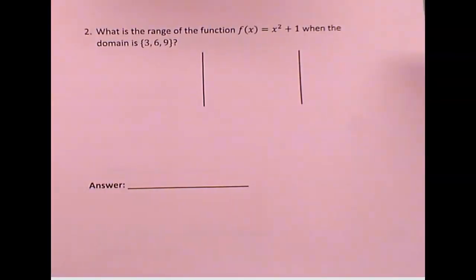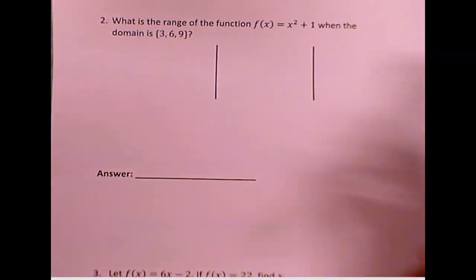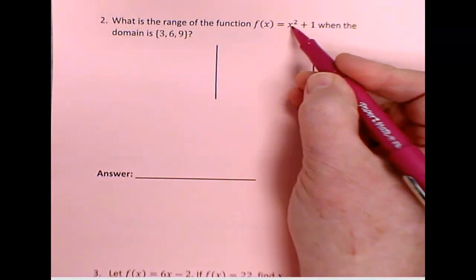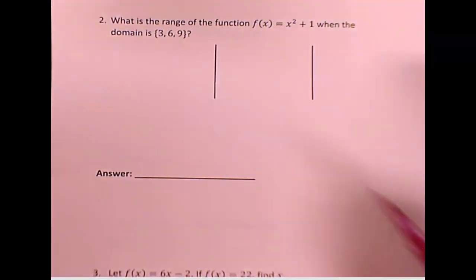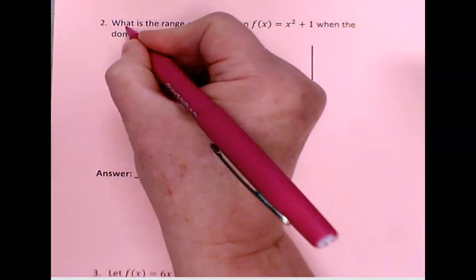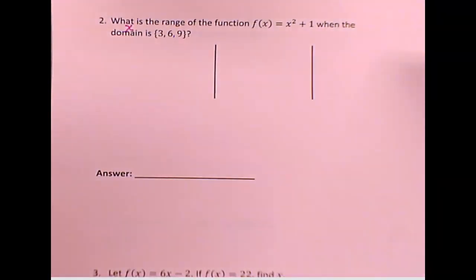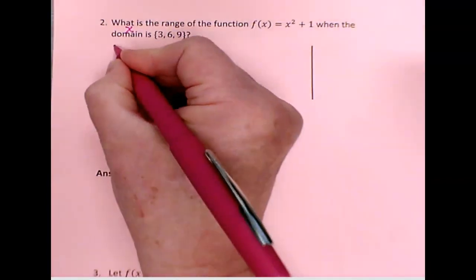Here is my function rule, f of x equals x squared plus 1, and this is the domain. The domain is my x values, my input values.